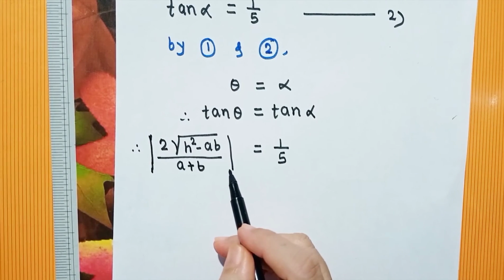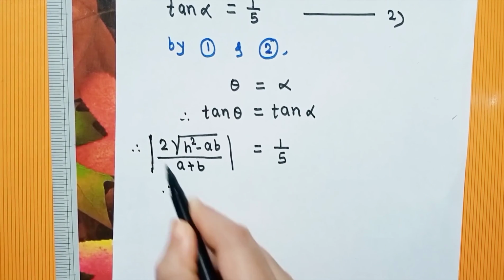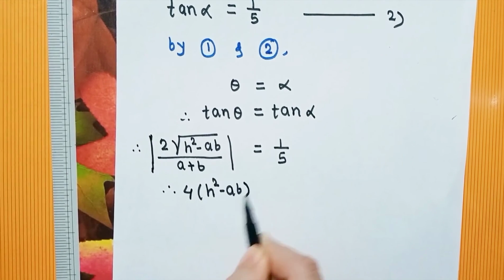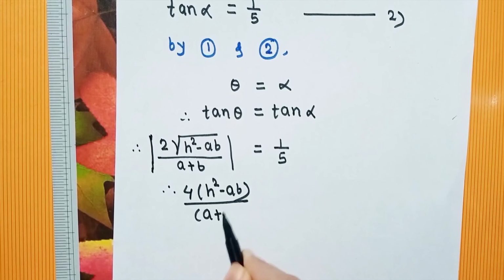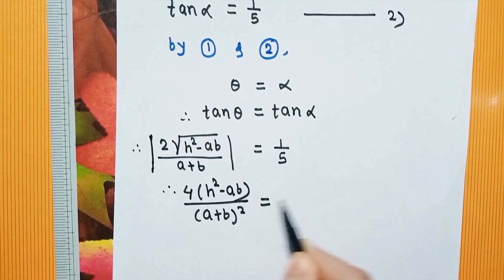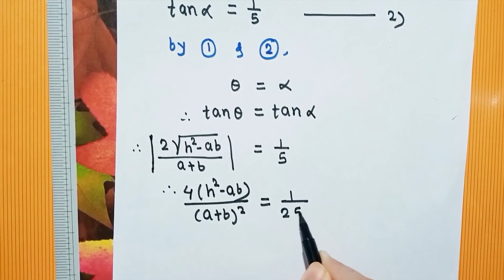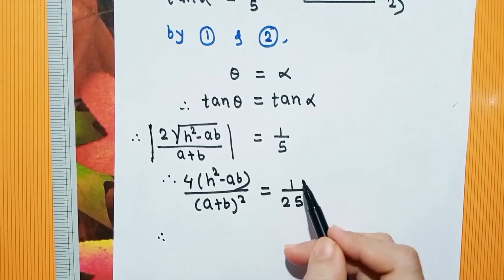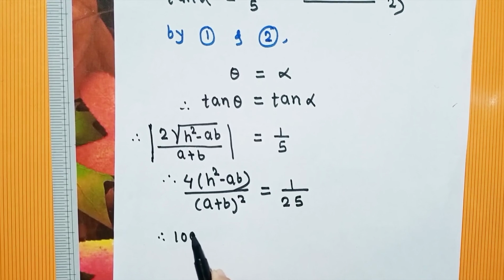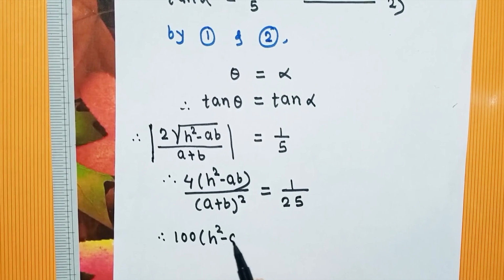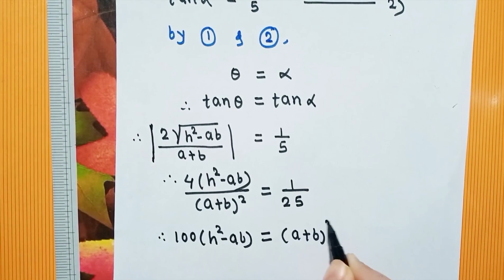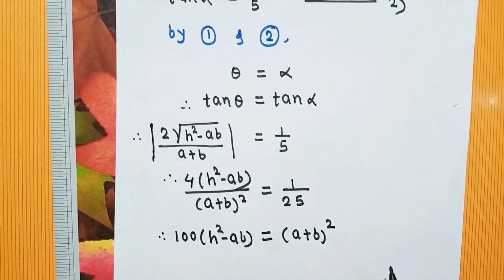To delete this modulus symbol, squaring on both sides, we have 4, this is h square minus ab upon a plus b bracket square, that is equal to 1 upon 25, and multiply 25 here and this term there. We have 100 h square minus ab is equal to a plus b bracket square, and we have proved this.